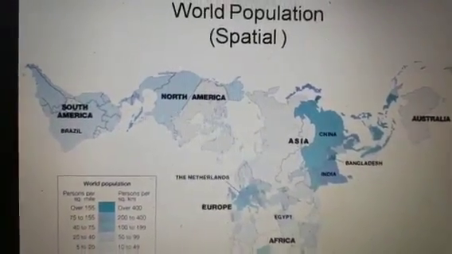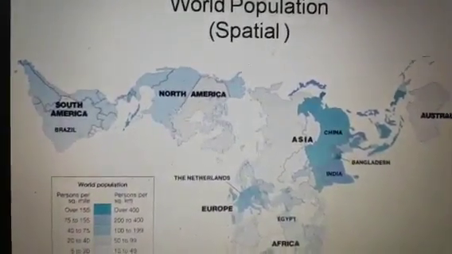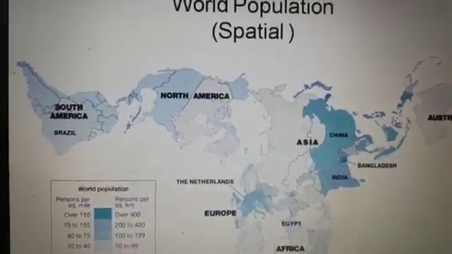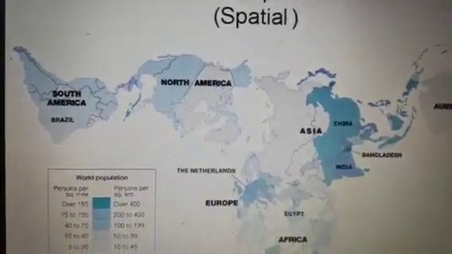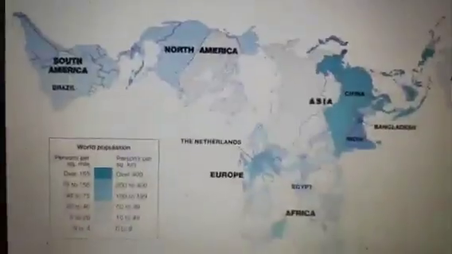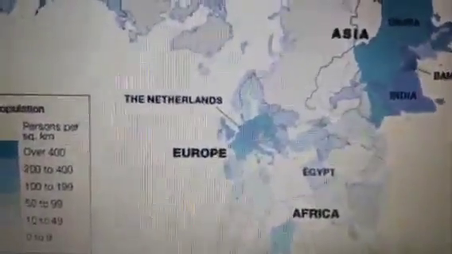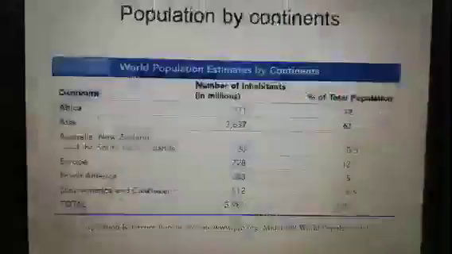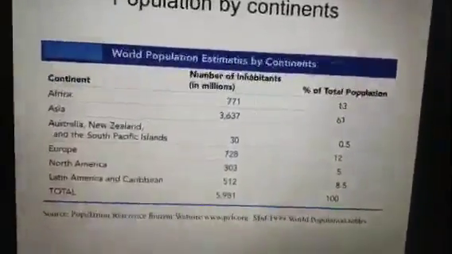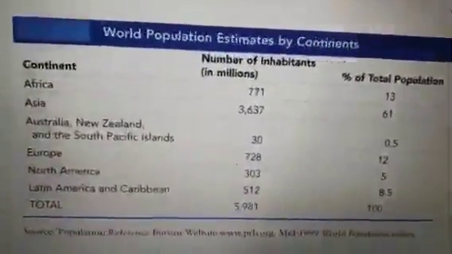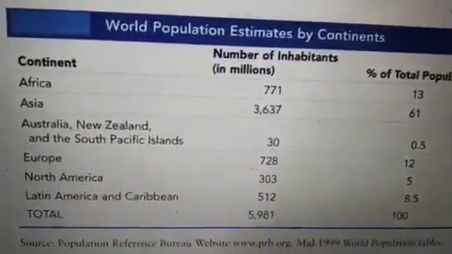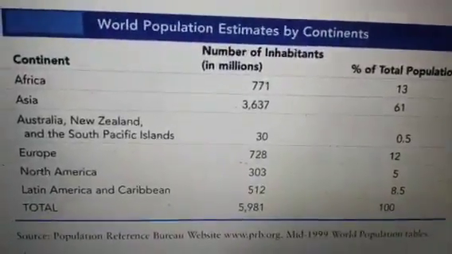So you can also suggest that in the world population spatial diagram, China and India dominate the world in context of population. Then come North America and South America, and a little bit of Europe and Africa. When you talk about the data, this is some old data, but you have to update it according to the latest sources.